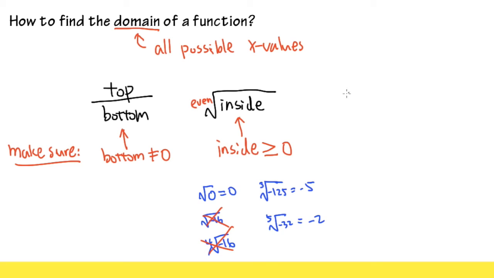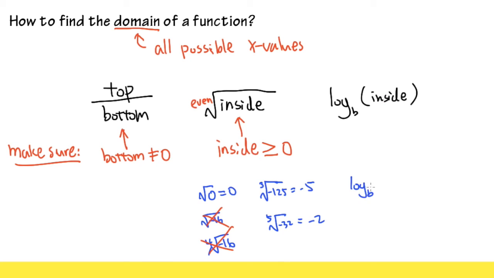The third situation is when we have a logarithm function. So log, and let me indicate a b here for any good base. When we have the log of any base of anything inside the log function, this is kind of similar to the square root or any even root situation. But for logs, we cannot have log of 0.